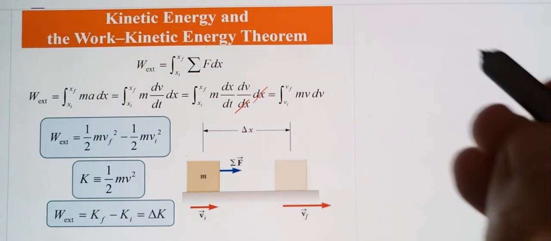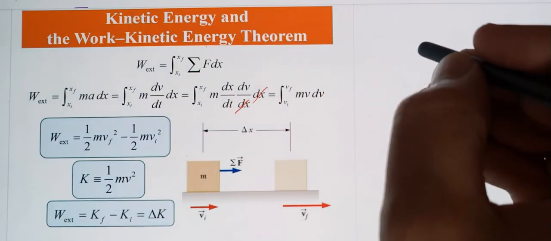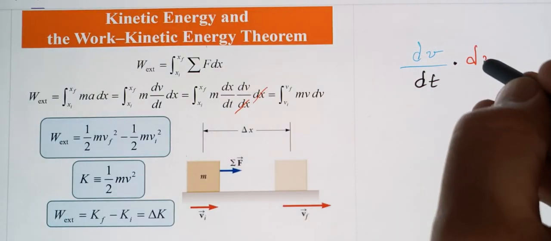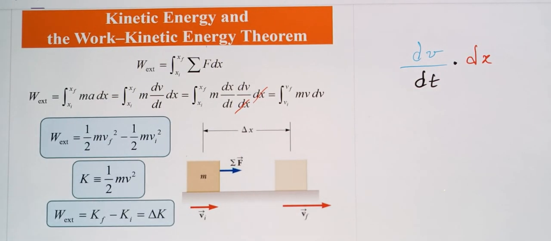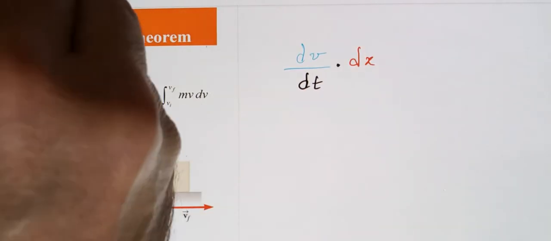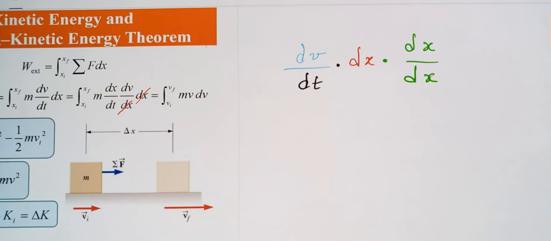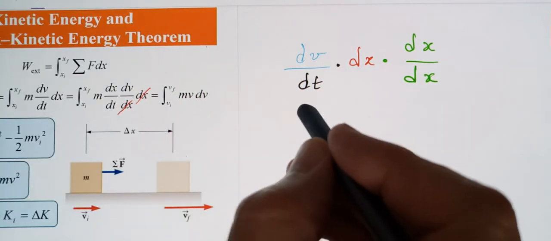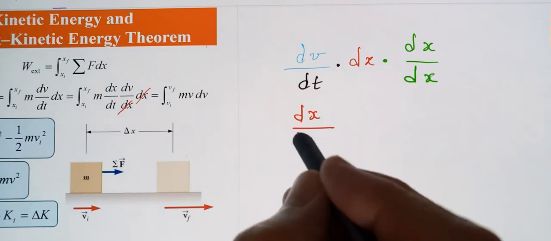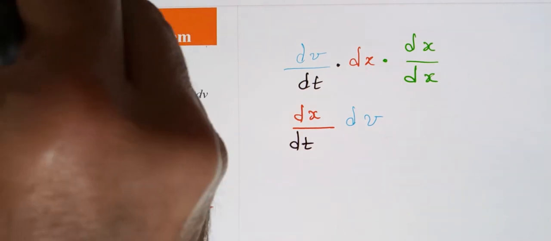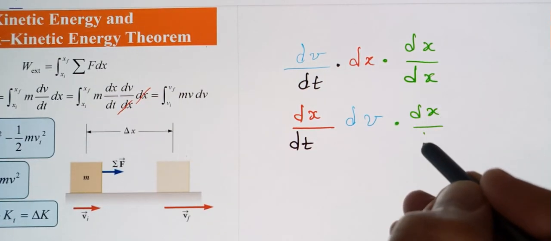Watch carefully. So we have dv over dt multiplied by dx. Now I multiply it by dx over dx. And then I have dx over dt, dv, dx over dx.